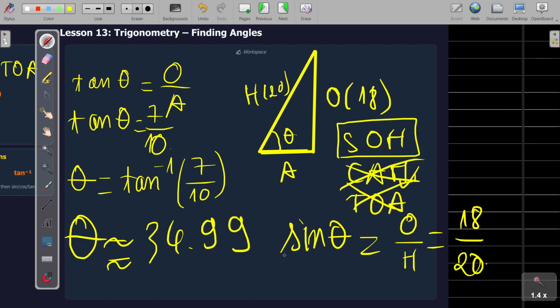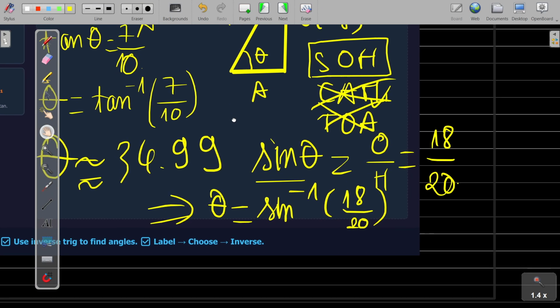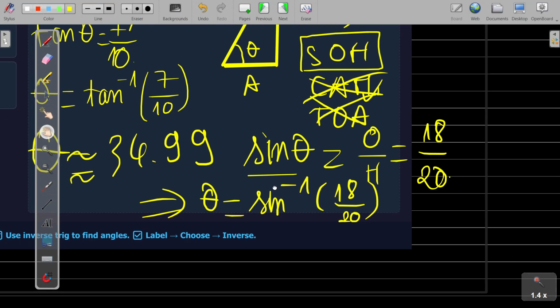So we have this. What we need to do is plug it into our calculator. We need to write theta equals inverse sin, of course, to the power of -1, of 18 over 20. And this is what you should actually write in your test papers, something like this.